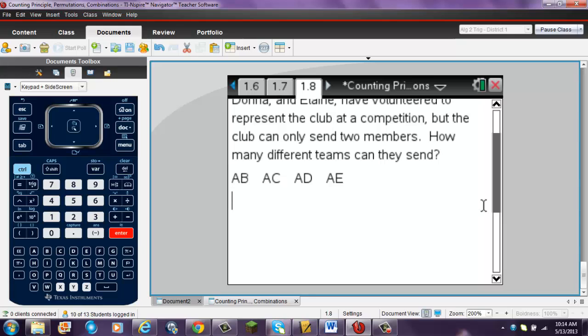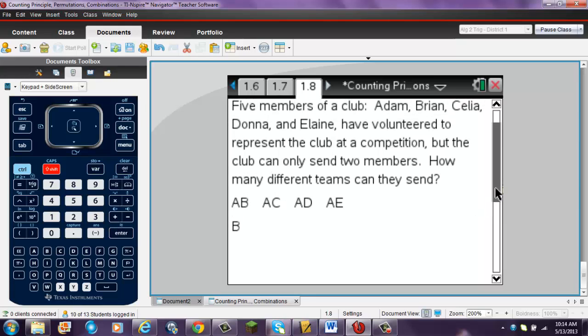So now we're going to shift to Brian. Well, Brian and Adam are already a pair, so we don't repeat that pair. So maybe Brian goes with Celia, or Brian goes with Donna, or Brian goes with Elaine. We're done with the Brian possibilities, so we can go to Celia. Well, Celia is already paired with Adam and Brian, so Celia can only be paired with Donna or Elaine.